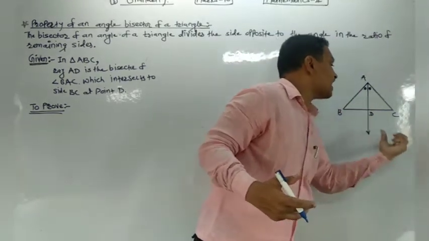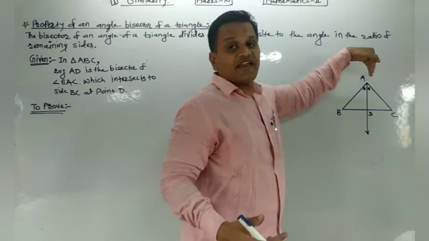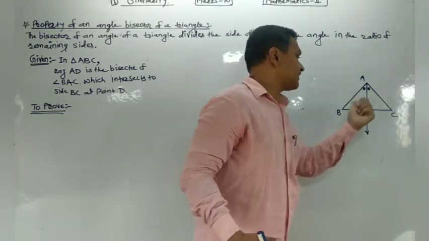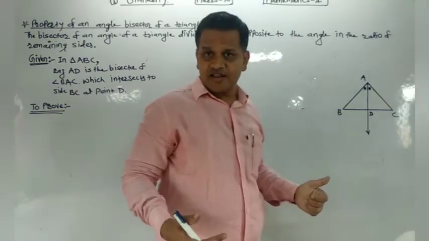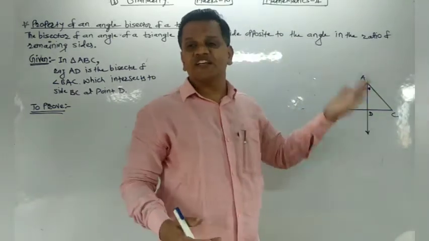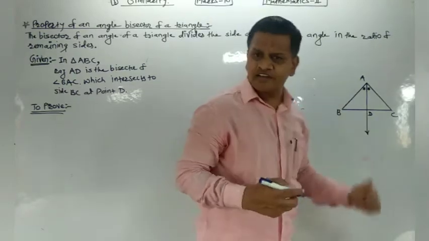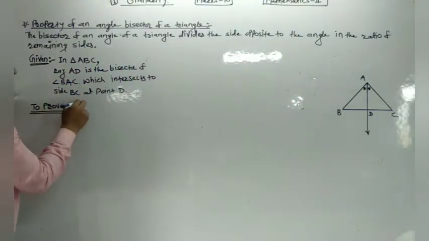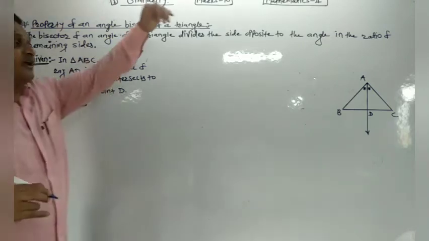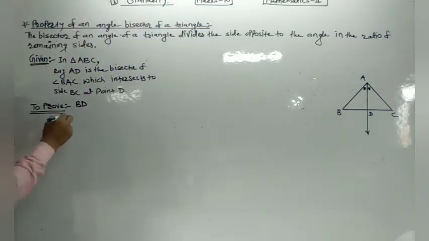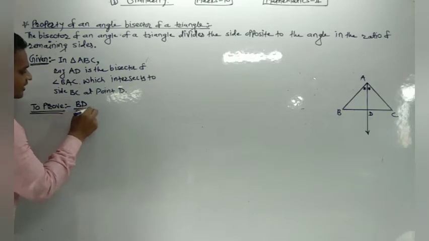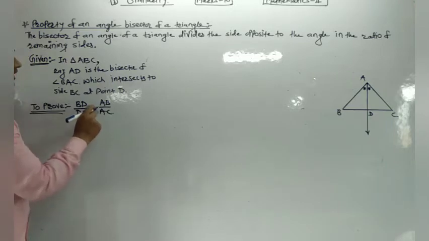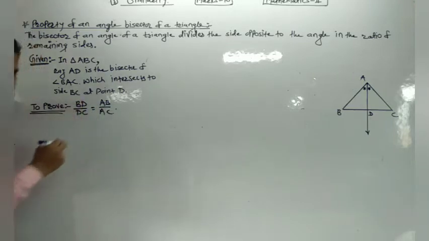BD and DC are the two segments divided by ray AD, understand? The ratio of those segments is BD by DC, which is equal to the ratio of the remaining sides. Which are the remaining sides? AB and AC. So BD by DC equals AB by AC, right?